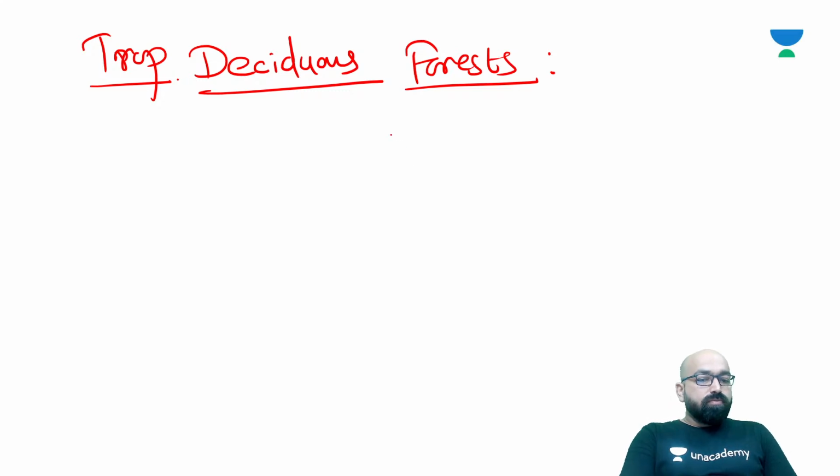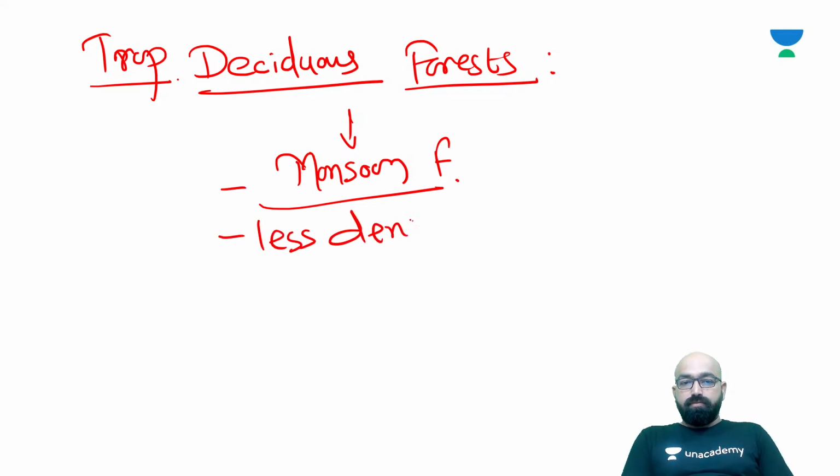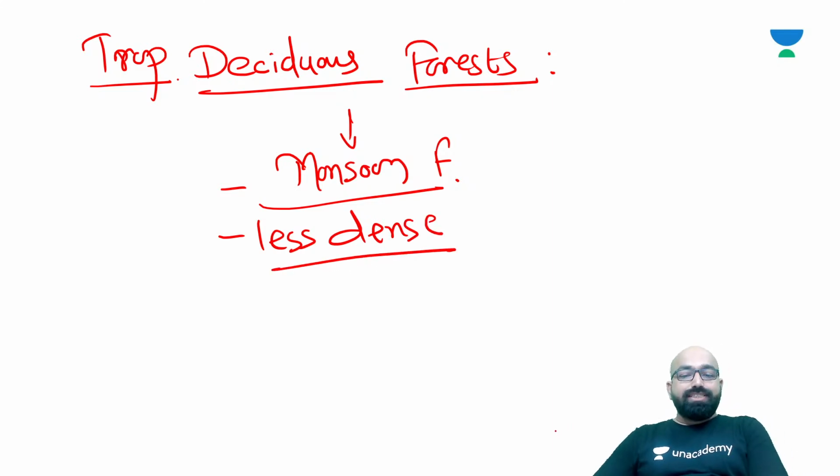Now, in a large part of the country, which have this type of forest, these forests are also called monsoon forests. They are less dense, they shed their leaves at a particular time of the year.